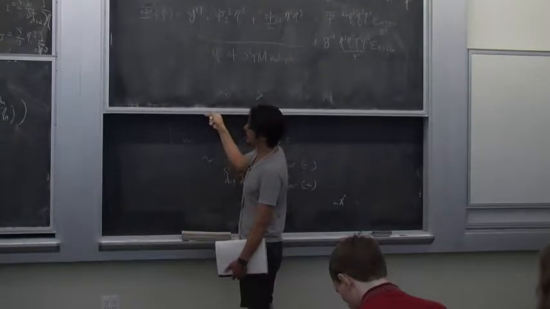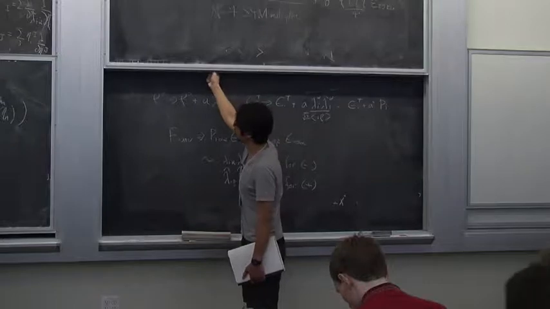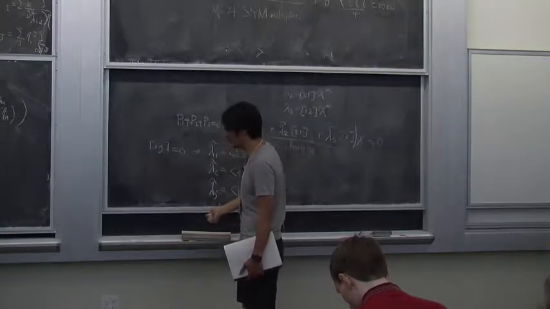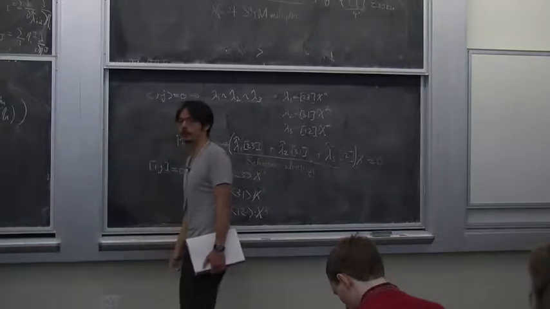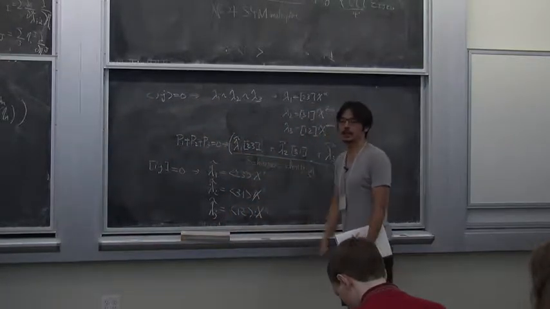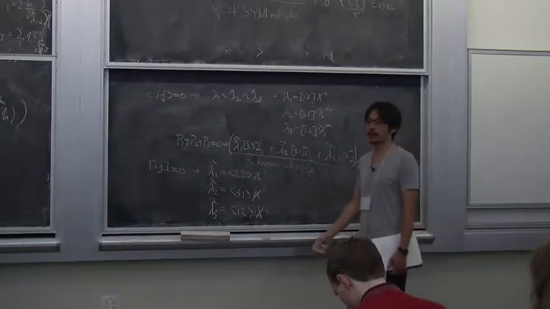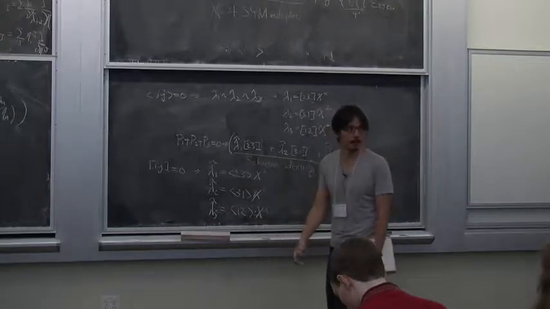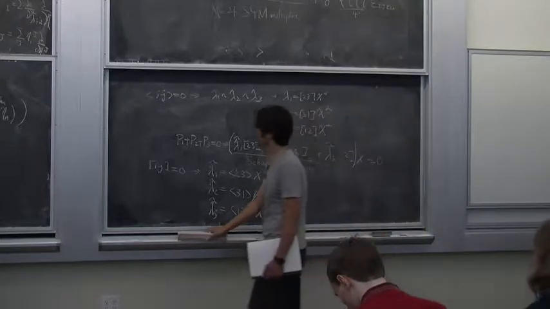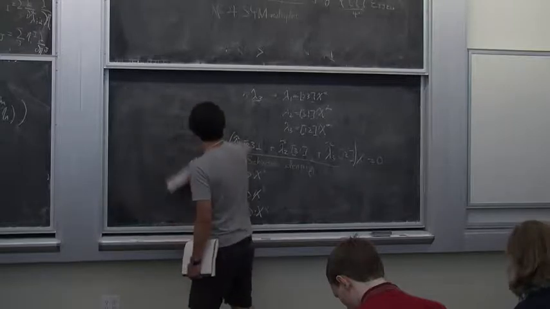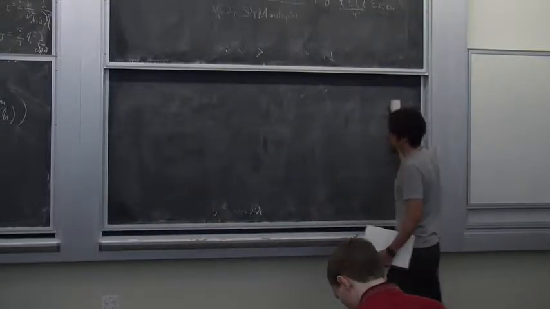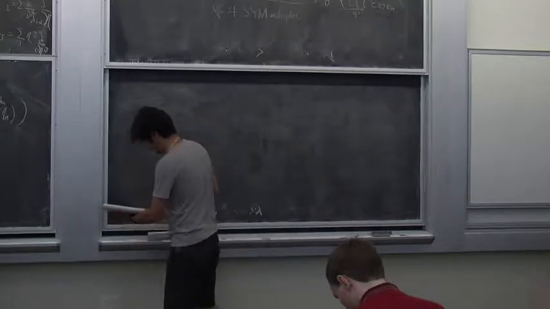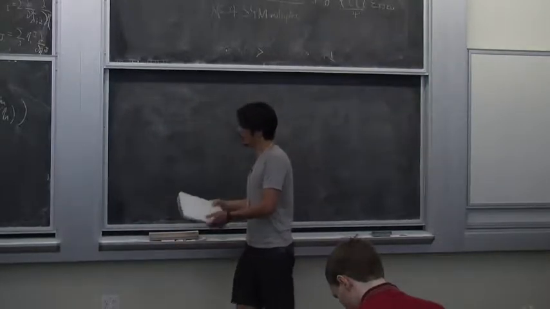So let's go back and look at the 3-point, and see what we can write down. Before we were writing down 3-point amplitudes that respect Poincare symmetry. Now we're going to write down 3-point amplitudes that respect super Poincare symmetry. Okay, good.